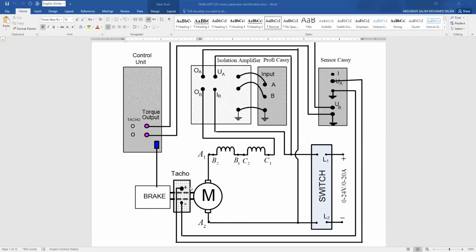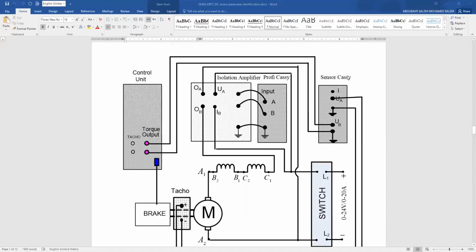Also, we need to connect the tachometer to measure the speed of the machine, and also we will connect the torque output from the torque control unit to channel number B for the sensor Casi in order to measure the torque.